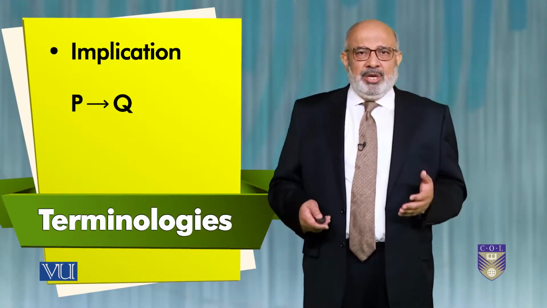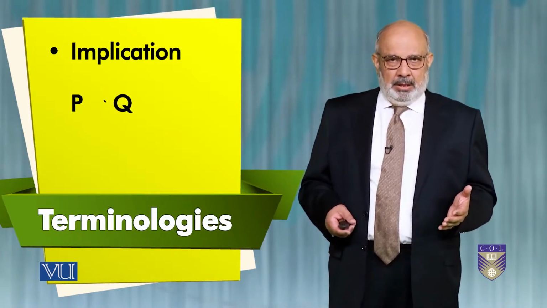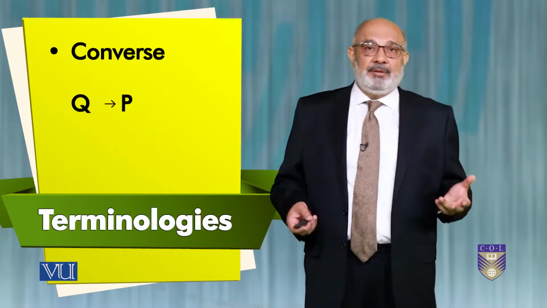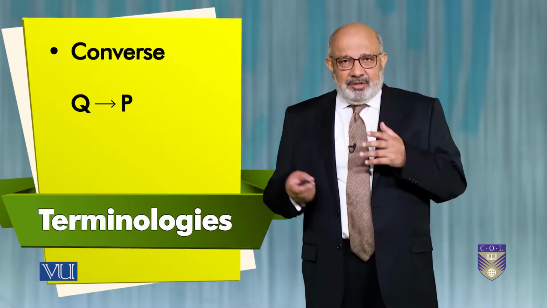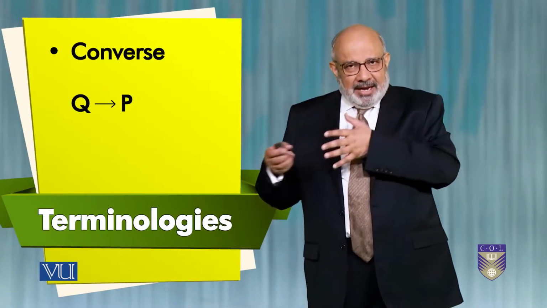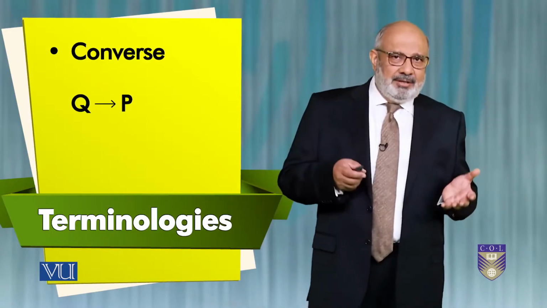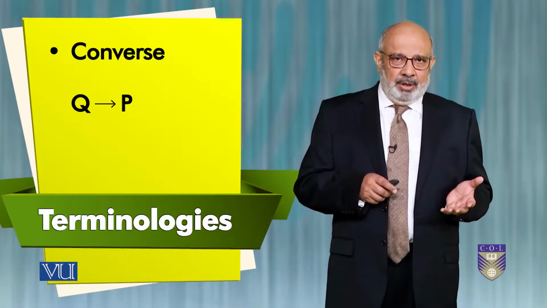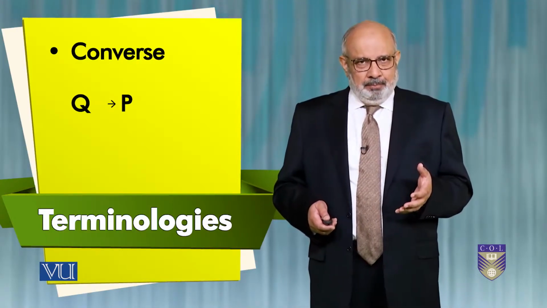And it's like a Boolean expression called P implies Q. The converse of this, the converse of implication, which means the right hand side proposition, which was Q, goes to the left hand side and vice versa. So it can be written as Q implies P, right?